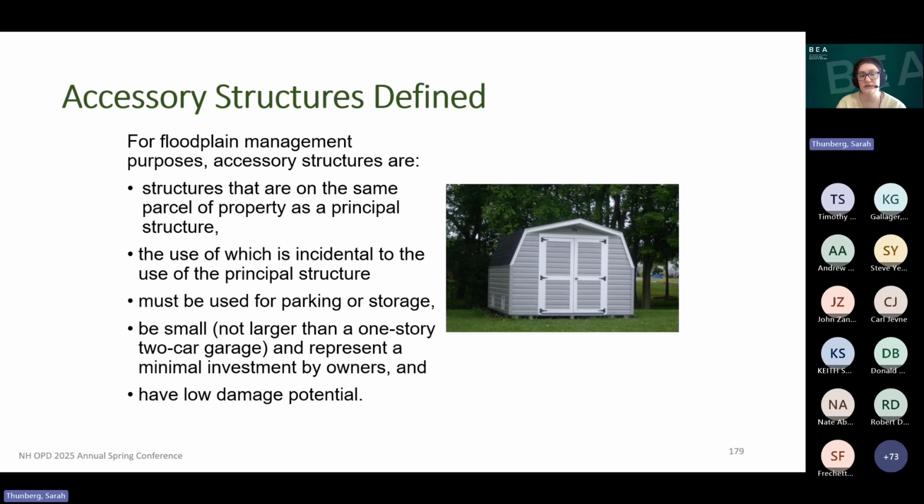It must be only used for parking or storage. And it must be small, no larger than a 1-story 2-car garage, sorry. And represent minimal investment by the owners. And again, have low damage potential.